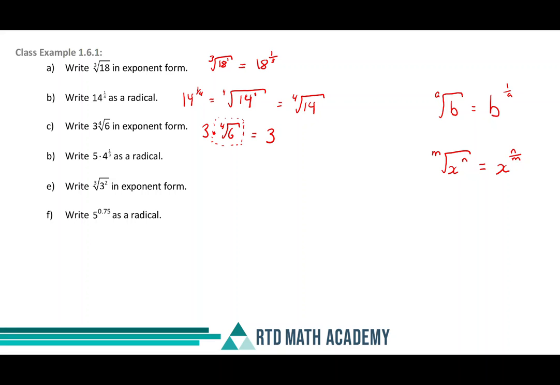I can see I've got 4 as my index, so I could rewrite this as 3 multiplied by 6 to the power of 1/4. But I cannot multiply the 3 and the 6. This is as simple as it can get. We have a coefficient, and we keep that coefficient. They're not the same base, and we cannot multiply those two things together.